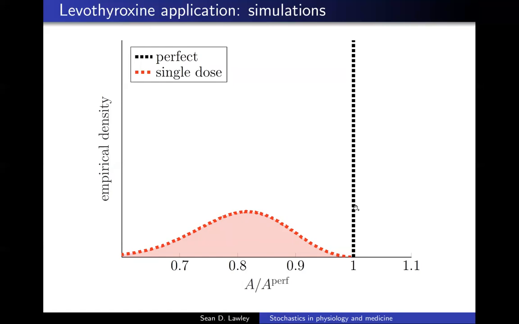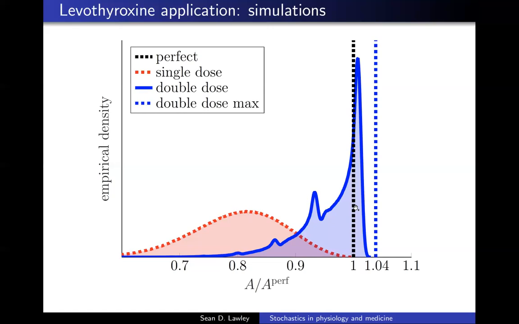And the blue is the probability density for the amount of drug in the patient following the double dose protocol. The point is just to show you that this blue probability density is a closer approximation to the perfect patient at 1 compared to the single dose strategy. This is meant to give you some intuition why you should believe these results.